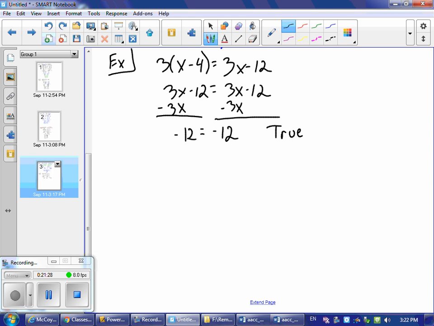So that means the solution to this is what is called the identity solution, by the way. The solution to this is all real numbers. And a shorthand notation for that is just a capital R with an extra line through it. That is the notation for all real numbers.